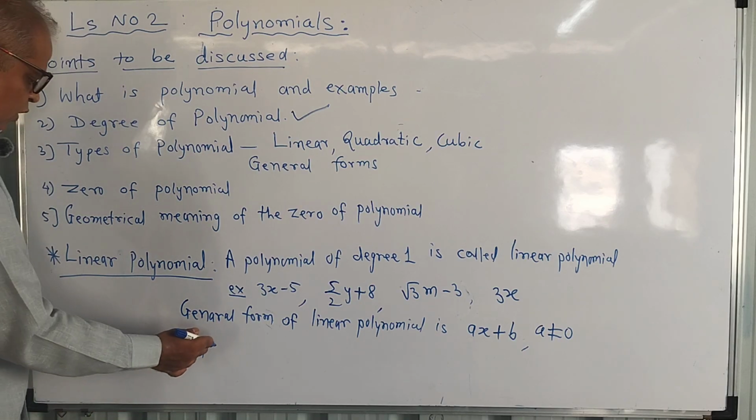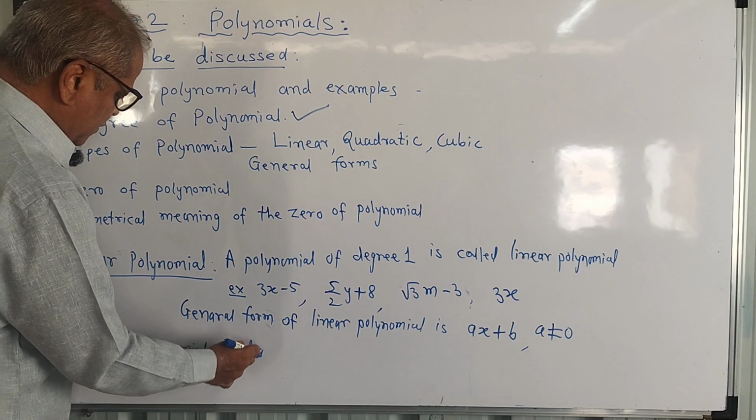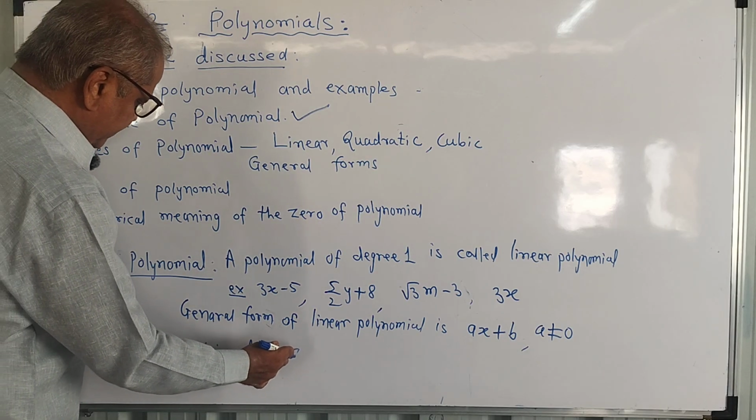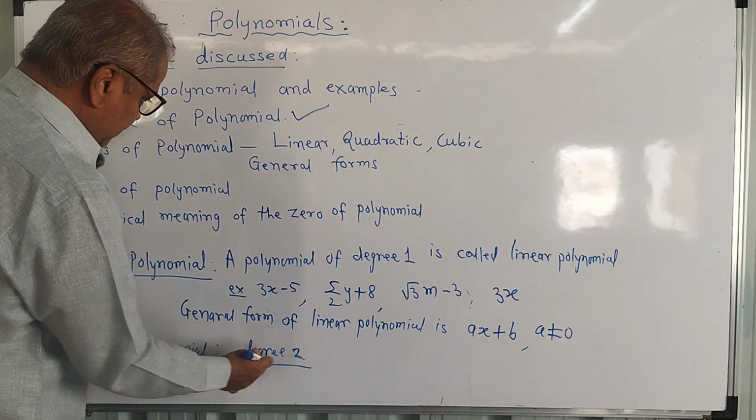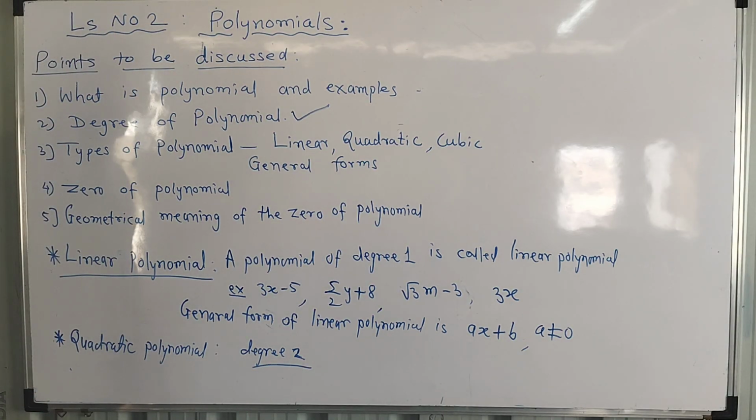Then we will study quadratic polynomial. What is quadratic polynomial? A polynomial of degree 2 is called quadratic polynomial.